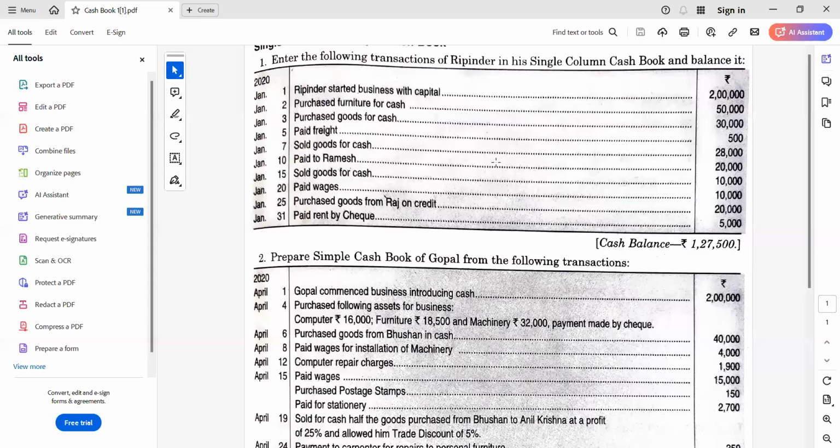Can you see the question here? Yes, sir. Question number 1 and 2. So read question number 1.